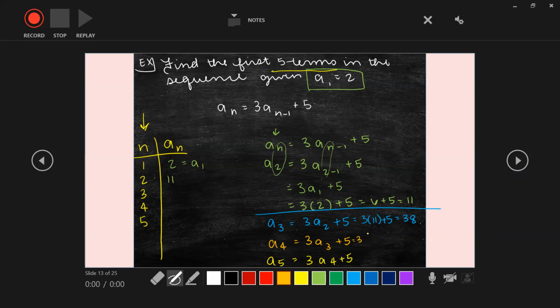Mm-hmm. And so what's 4 minus 1? 3. So we have 3 times a sub 3 plus 5. So it's 38. Yeah, so 3 times 38 plus 5 is going to equal what? You can toss that in the calculator. I will not begrudge you for that. 119. Is that what everyone else got?